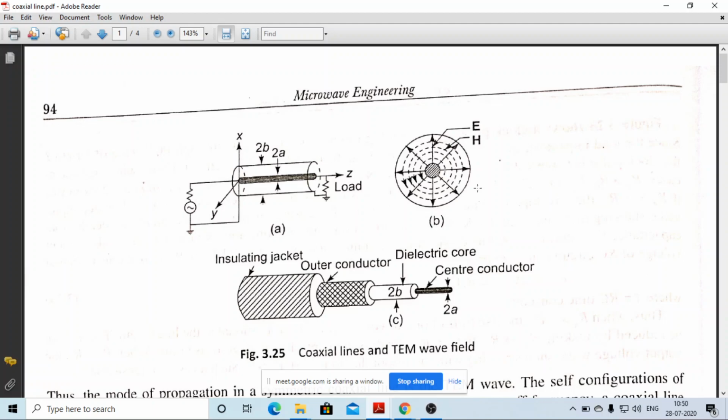Your electric field is radiated from the center conductor towards the outer conductor. There is also some small radiation. So it goes from the center conductor to the insulating jacket, and it makes an angle of 90 degrees.